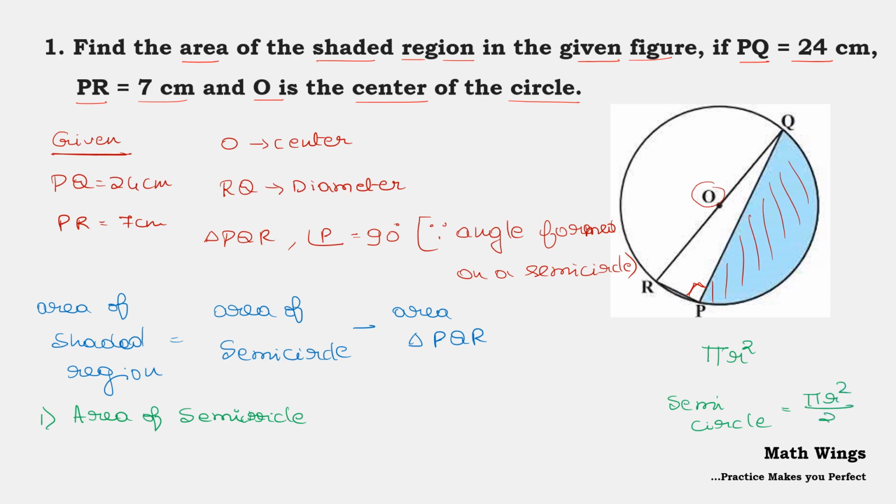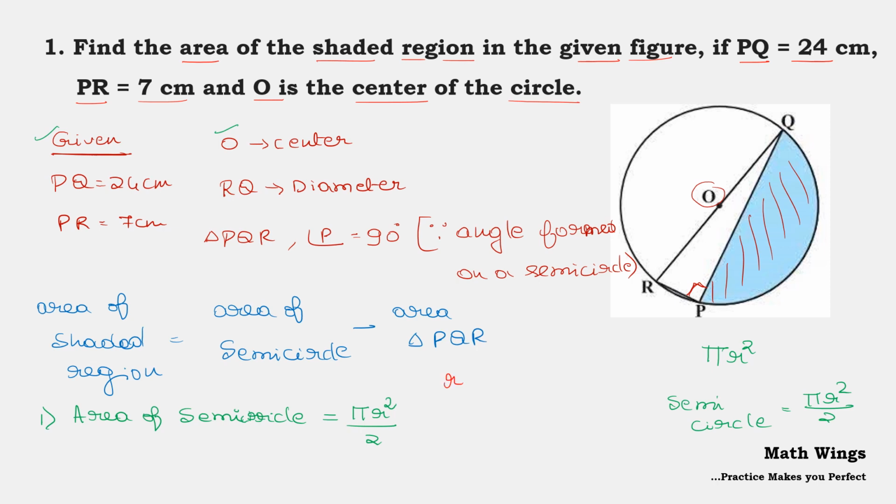Because a semicircle is half of the circle. But if you observe all the given parameters here, we don't have the value of r. So how can you find the value of r now?